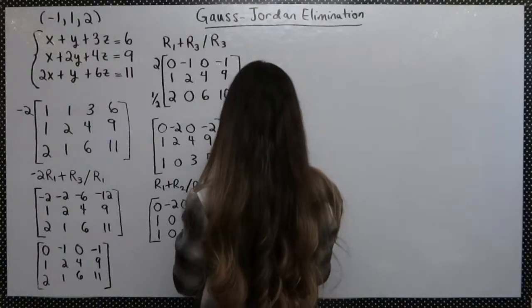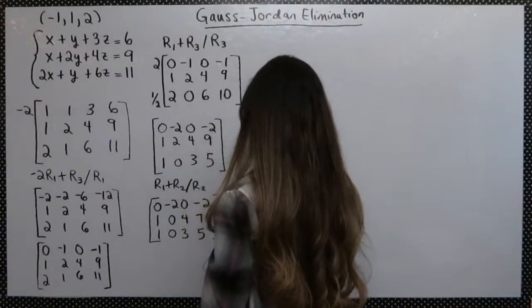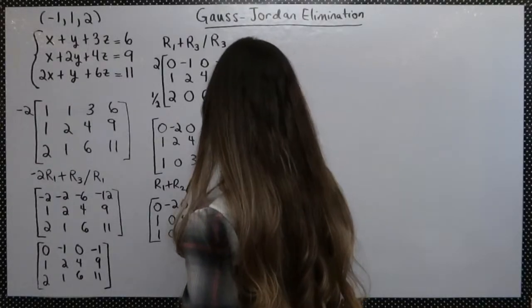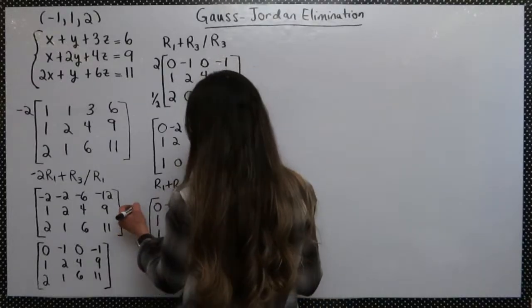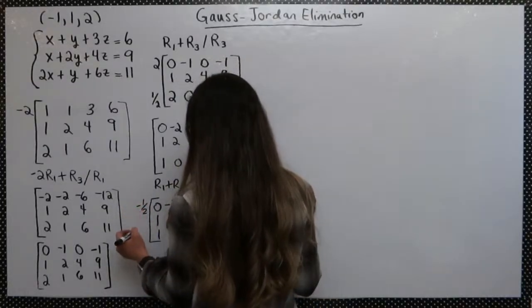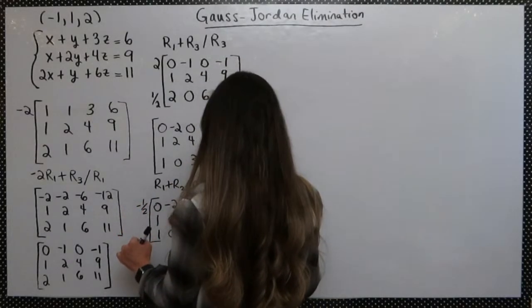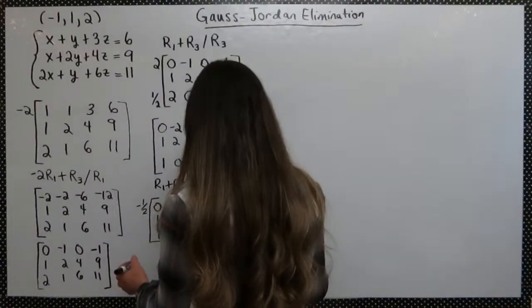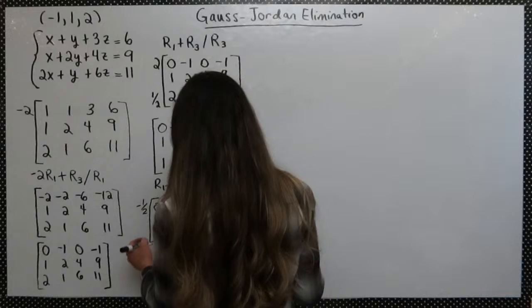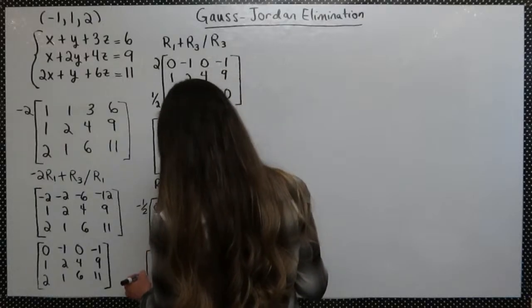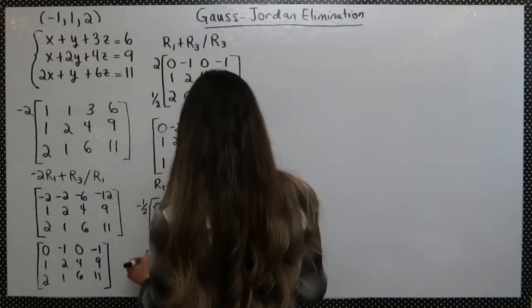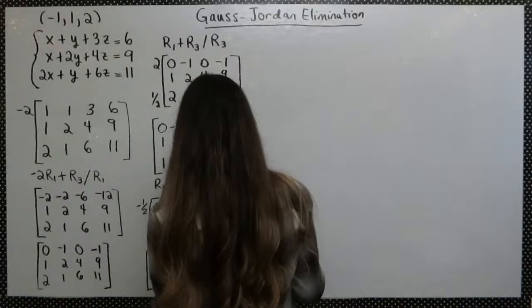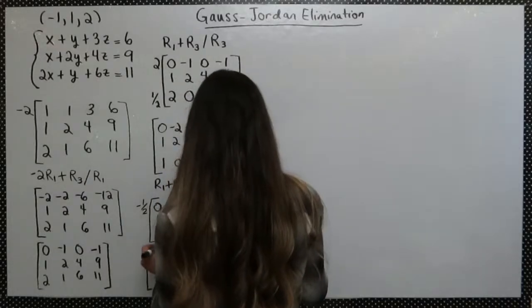Okay. Now let's go ahead and we can divide off the -1/2 now from that row. And then we're actually going to swap out row 1 and row 2 for now. So let's go ahead and do that. So we're going to say 1, 0, 4, 7.